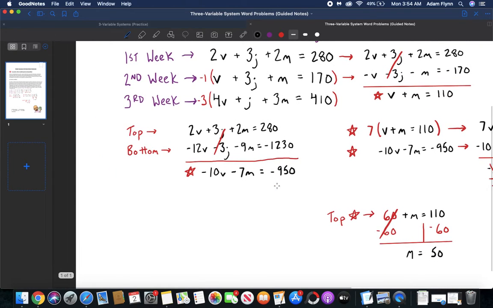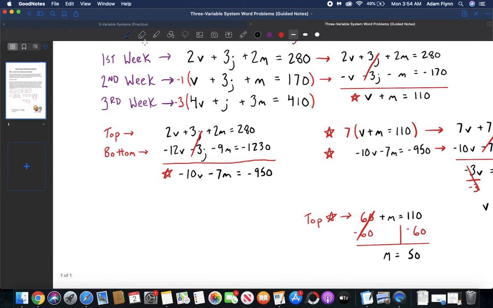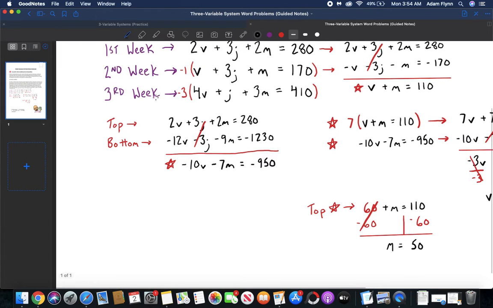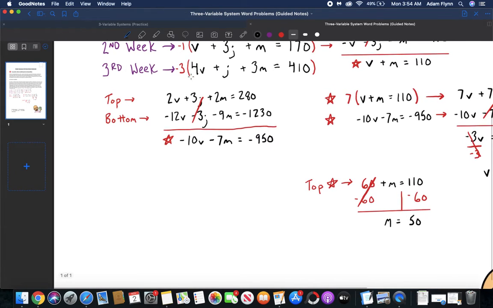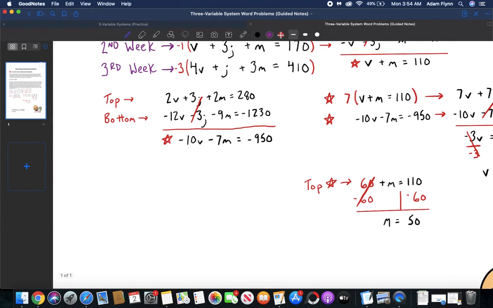So let's do this middle equation, our second weak equation. When I do that, instead of v, I have 60.